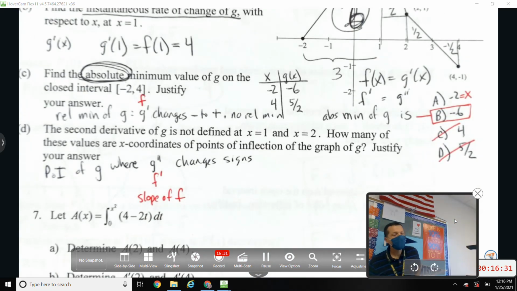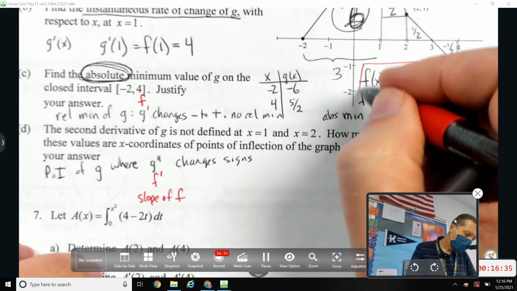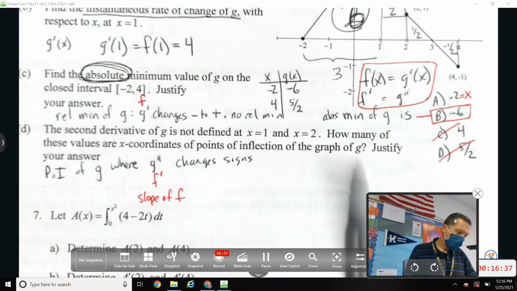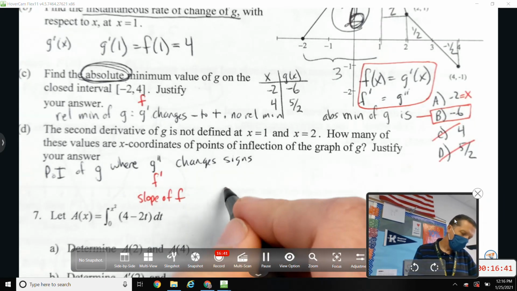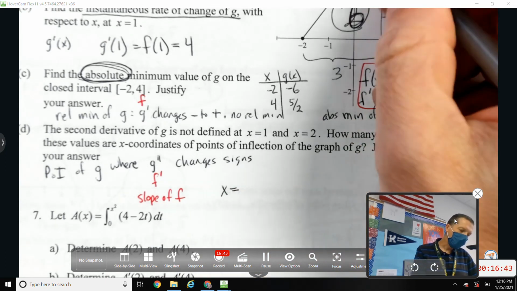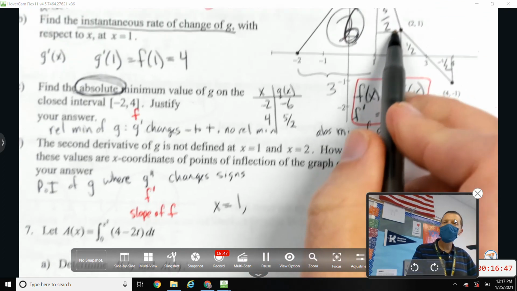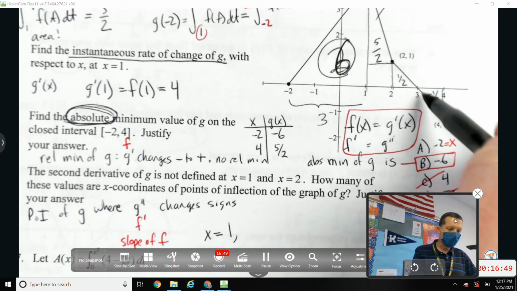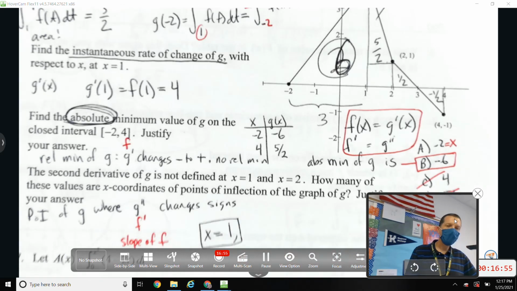Well, I have to write it down somewhere, I guess, but I already have it written down over here. So I'm looking for where the slope of f changes sign. So that happens at x equals 1, but not at x equals 2. It's negative, it changes, but it doesn't change from negative to positive. It just stays negative. So just x equals 1.